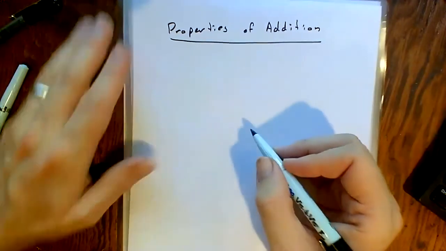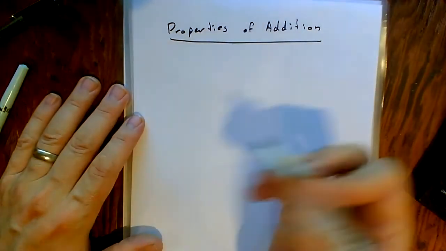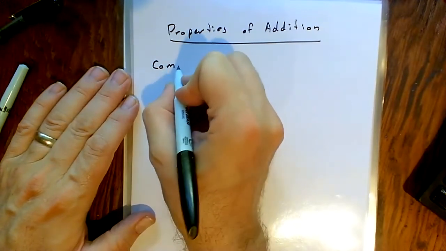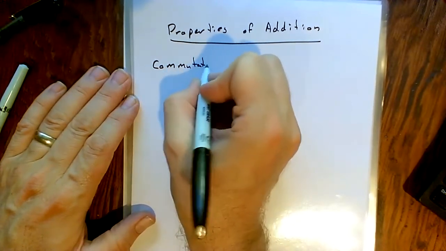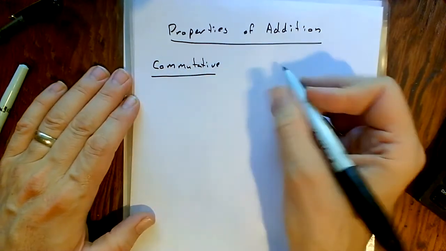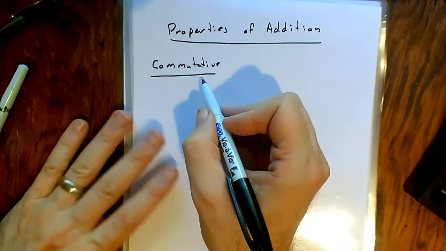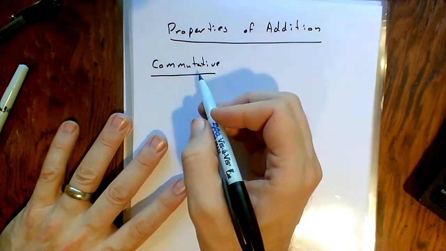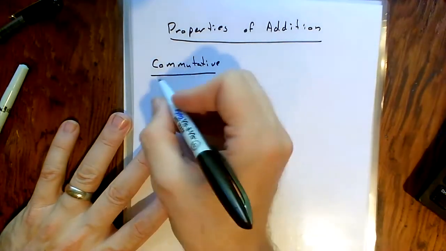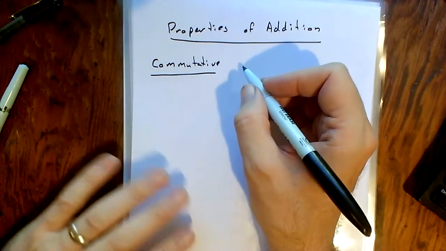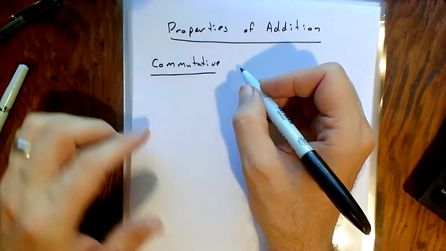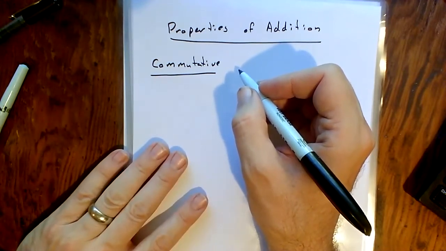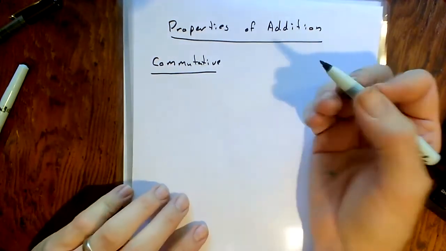Two things with addition that you should know right off the bat is, first of all, it's commutative. I think I might have just misspelled that. Whenever you're thinking of the commutative property, think about commuting. And I hope when you're thinking about commuting, you're actually thinking about moving.